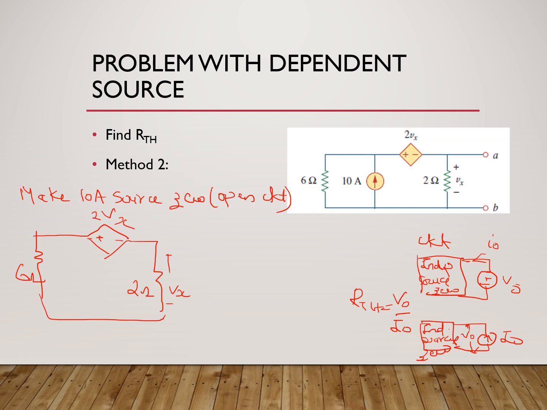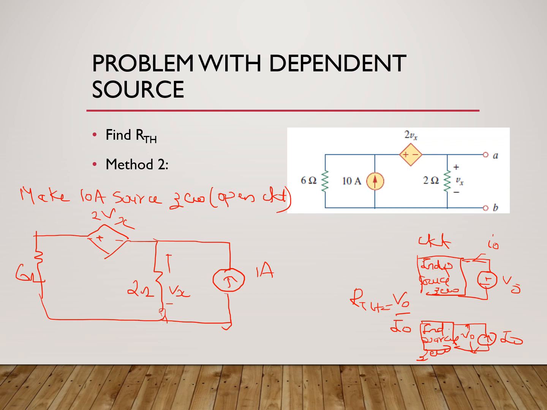Now I am going to be applying an external source. At this terminal, we said you apply either a known voltage source or a known current source. Both can be done. So that I can apply KCL, a current source would be easier. So I'm just applying a 1 ampere source over here and finding out the voltage.